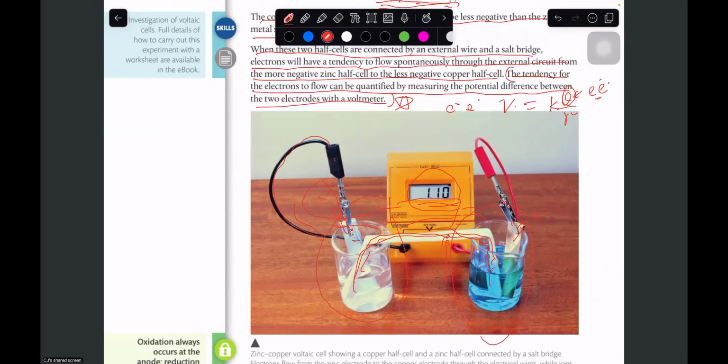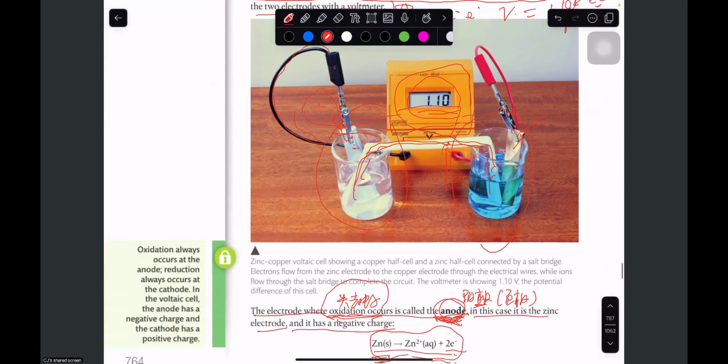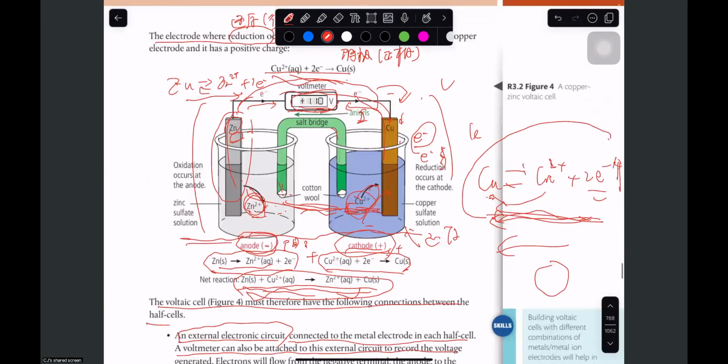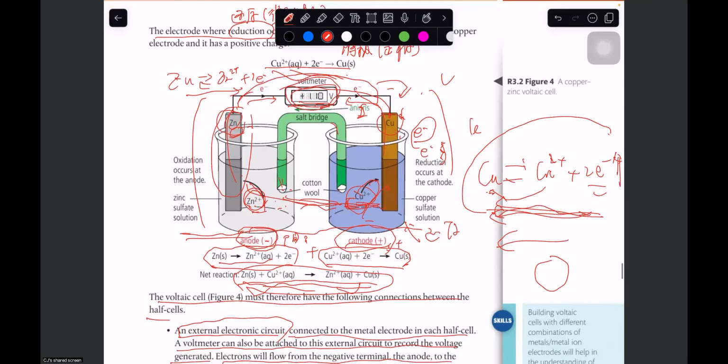we can use a voltmeter to test the voltage of it. So just like this, for zinc and copper, the voltage between them is 1.1 volts. And in this apparatus, the zinc part loses electrons. So it's the anode, right?